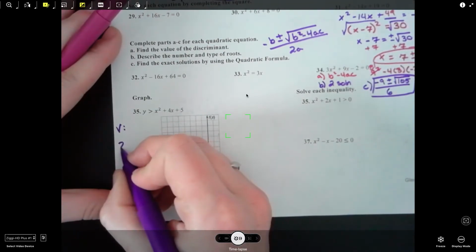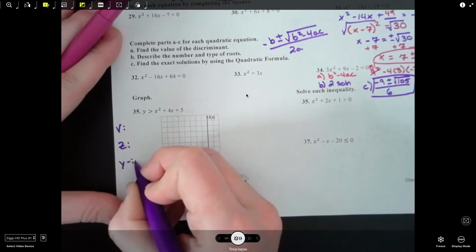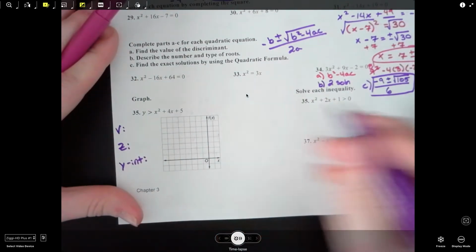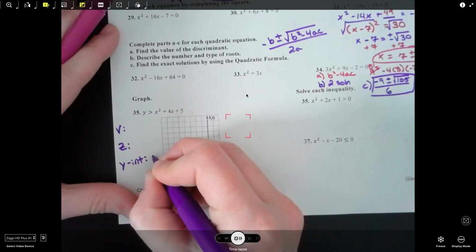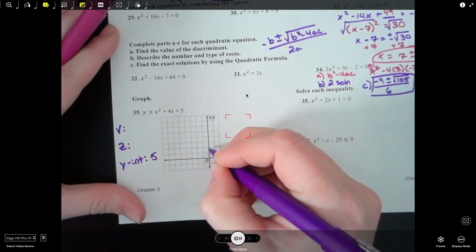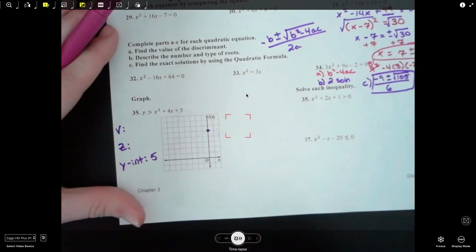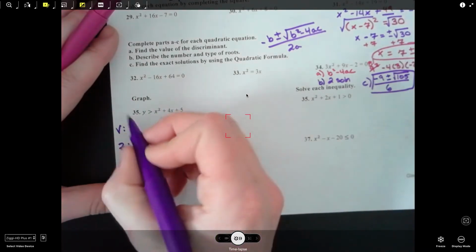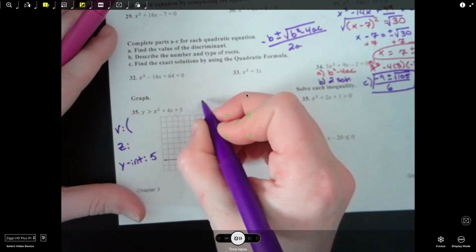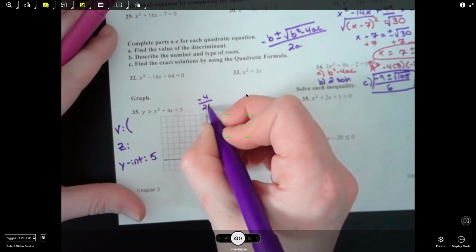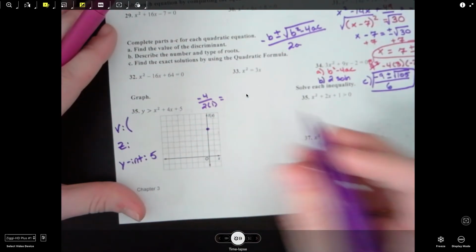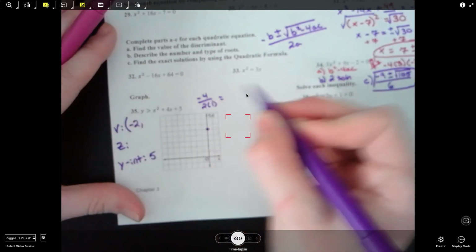Vertex. Zeros. Y-intercepts. What's the y-intercept? 5. 1, 2, 3, 4, 5. I know that for sure. Okay. Now this guy, the vertex, negative b over 2a, negative 4 over 2 times 1. What's that give you? Negative 2.